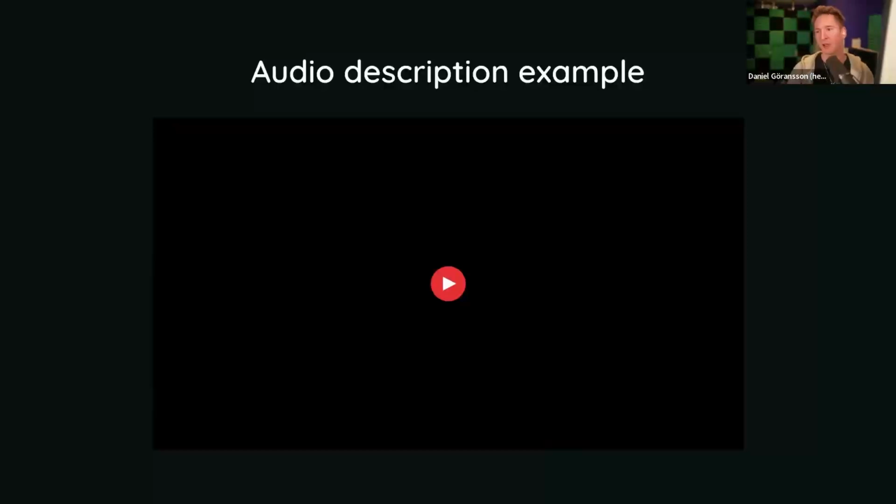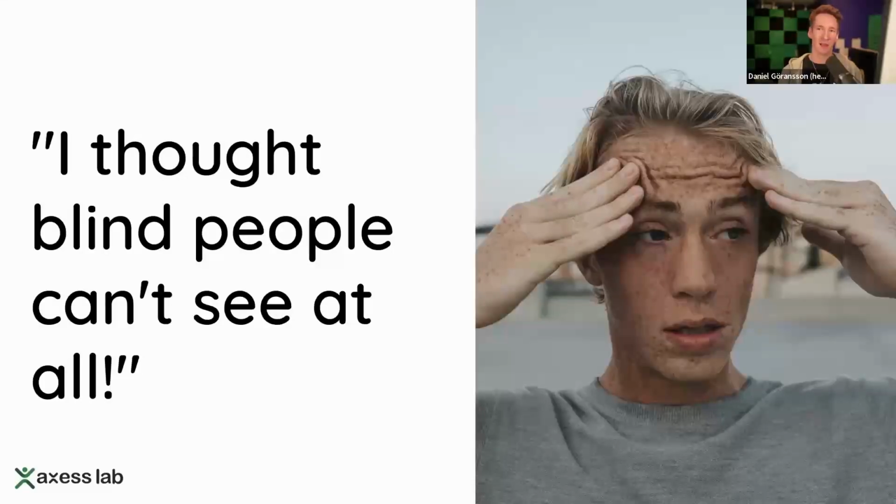So that's awesome. I said I have 1% vision, and what does that mean? Blindness is a spectrum, and I usually get another question: I thought blind people can't see at all. It's a common one I get, but remember, it is a spectrum.